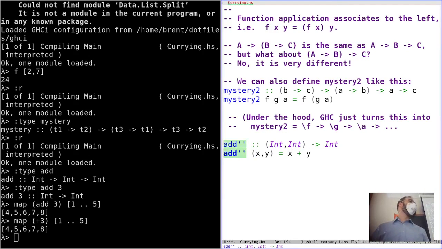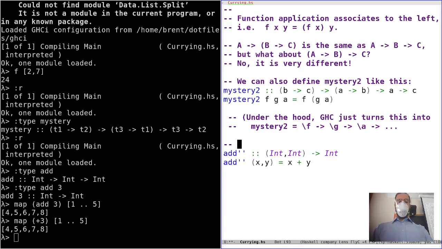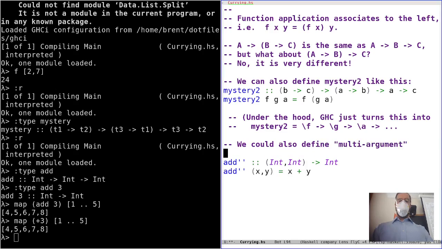And we can think of that as a 2-argument function. It's really not. It's a 1-argument function that happens to take a pair, and then that pair has 2 values. You can do whatever you want. And it's possible to turn functions defined like this back and forth into functions defined the other way. So we could also define multi-argument functions like this.